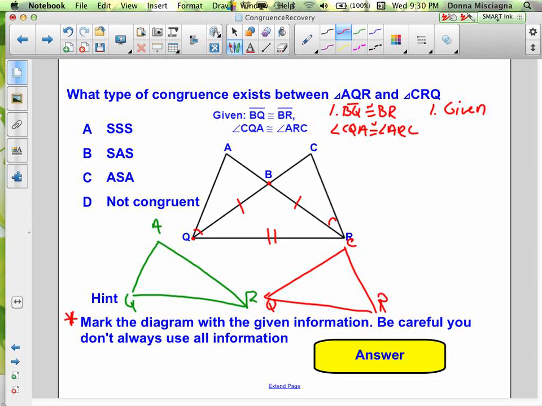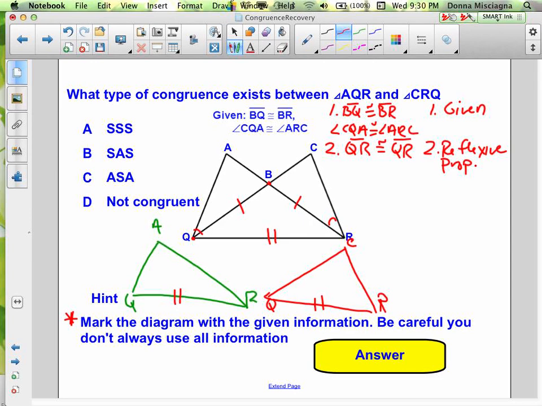They share that point, that segment, that side. That's a shared side. So I do know that QR is congruent to QR using the reflexive property. Even though it doesn't relate at all to our givens, let's write that one down, because that will make us feel good that we at least got something in our triangles that we know is congruent.